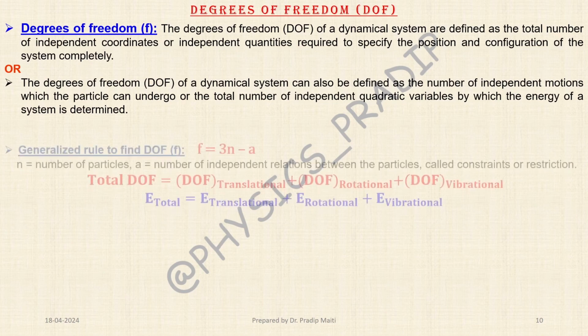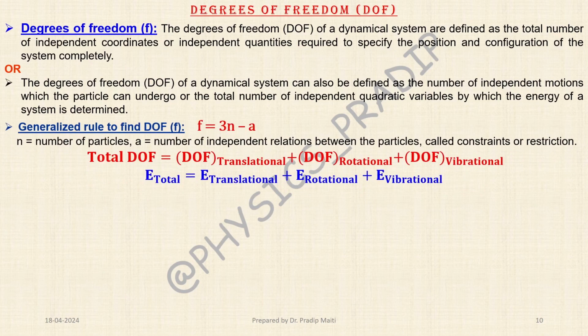So in a simple way, degrees of freedom can be defined as F equals 3n minus A, where n is the number of particles or number of gas molecules, and A is the number of independent relations between the particles, called a constraint or restriction.